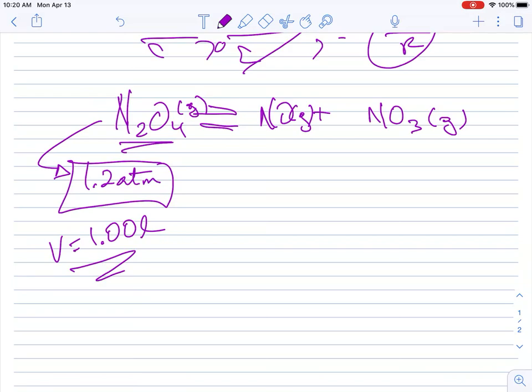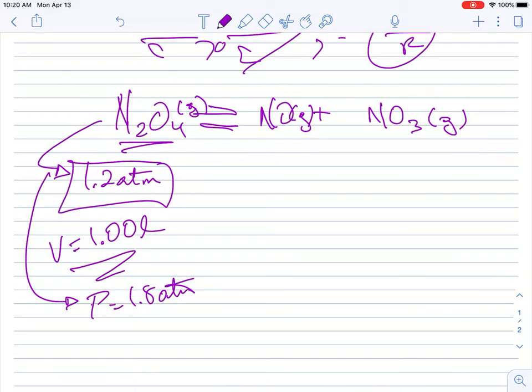This reaction is going to go in this direction. When this system reaches equilibrium, we measured the pressure again, and this is going to be important. After it reaches equilibrium, the pressure has gone up to 1.8 atmospheres, okay?